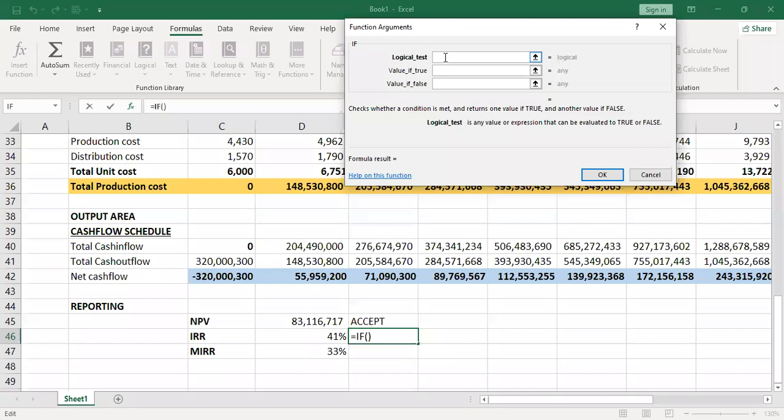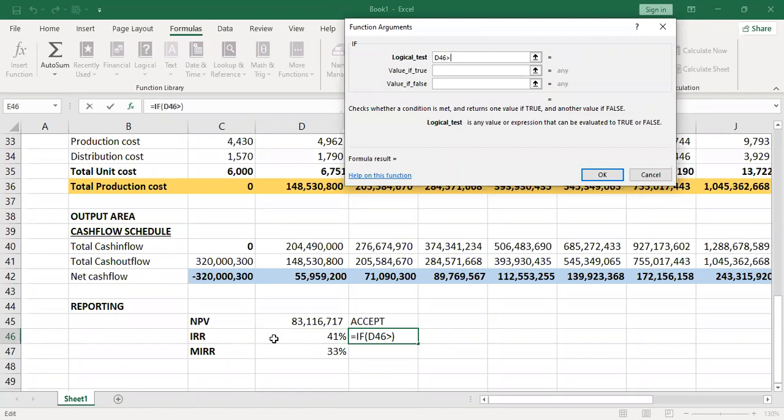So logical test, click on the logical test, click on the IRR value. Type greater than: for you to get greater than, you type shift and full stop.